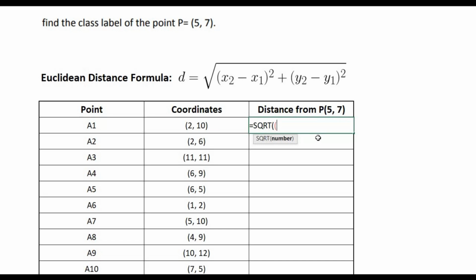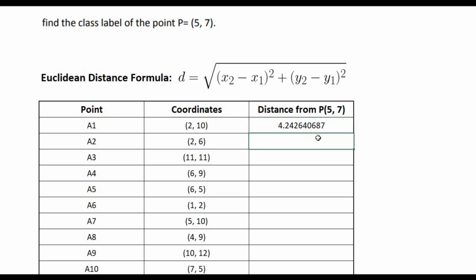My x2 will be the new data point, so x2 will be 5 minus x1, the given data point, which is 2, whole square, plus y2, the new data point, 7, minus y1, the given data point, which is 10, whole square, bracket close.